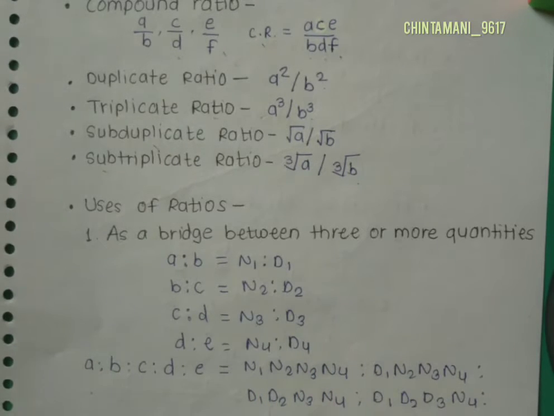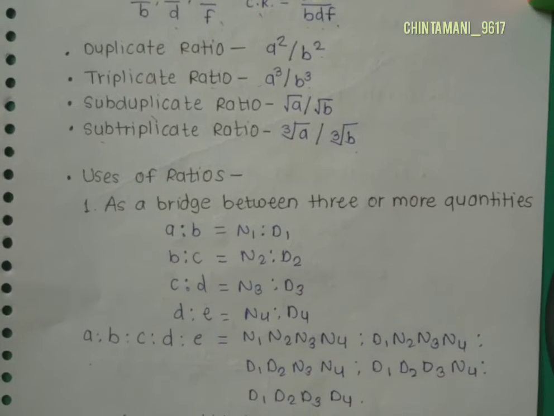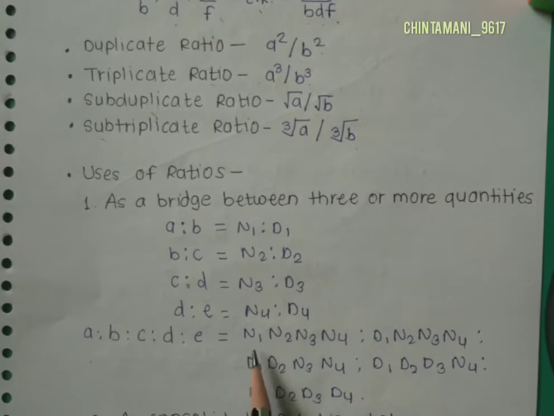Then we have to calculate A is to B is to C is to D is to E. We can simply use this formula: n1 into n2 into n3 into n4 is to d1 into n2 into n3 into n4 is to d1 into d2 into n3 into n4 is to d1 into d2 into d3 into n4 is to d1 into d2 into d3 into d4.